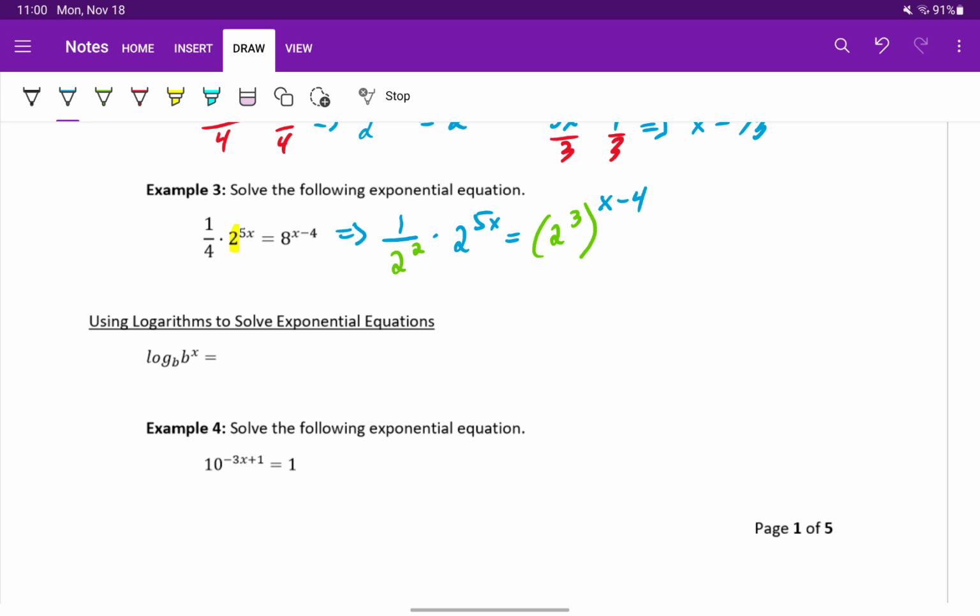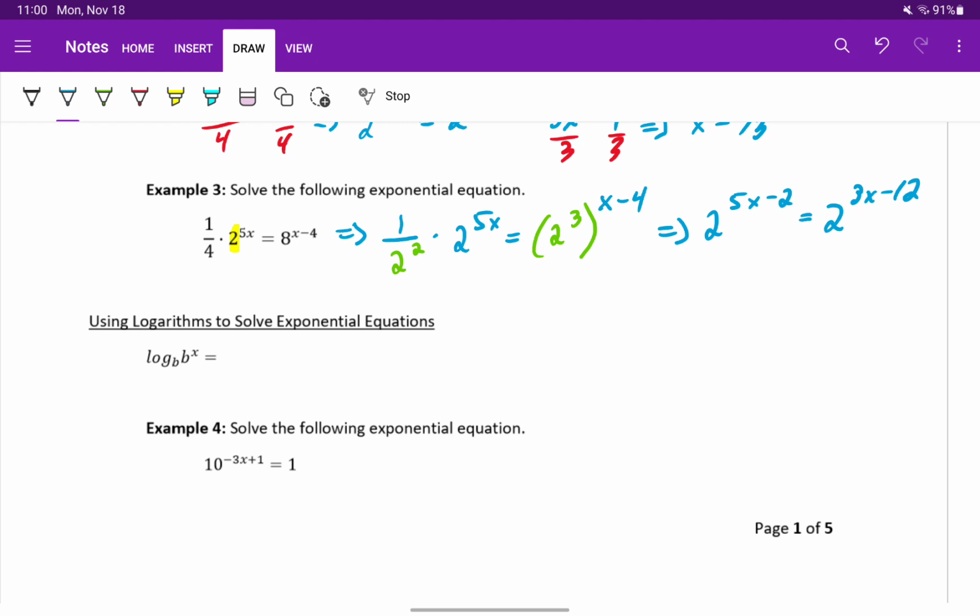On the left, we can combine those two base 2 expressions by subtracting the exponents. So 2 to the 5x over 2 squared will be the same thing as 2 to the 5x minus 2. And then on the right-hand side, we have a power raised to a power, so we can multiply those exponents together. So we'll take 3 times x minus 4 to get 3x minus 12.